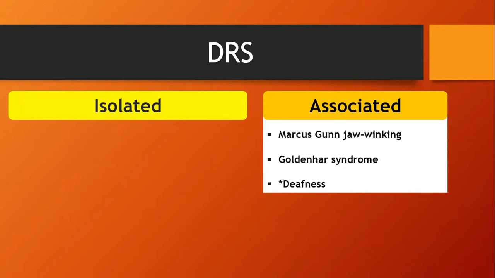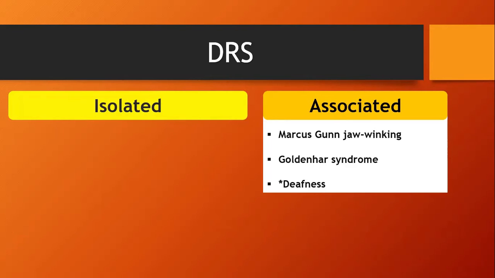And I remember one of the old assignments in problem solving was about a case of Goldenhar syndrome with Duane Retraction Syndrome. So Goldenhar syndrome is one of the syndromes that might associate with Duane Retraction Syndrome. So we have combo syndromes here. And also Marcus Gunn jaw-winking ptosis, and you all know this abnormality.